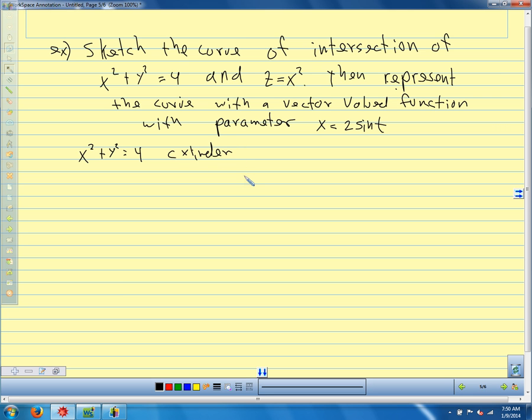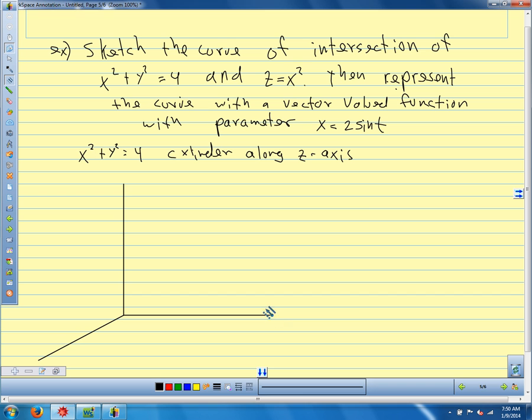And what's the axis of our cylinder? The z axis. Cylinder along the z axis. So let's sketch that. There's going to be one surface that's a cylinder along the z axis. So that one's not too bad. See if I can do a decent sketch here.